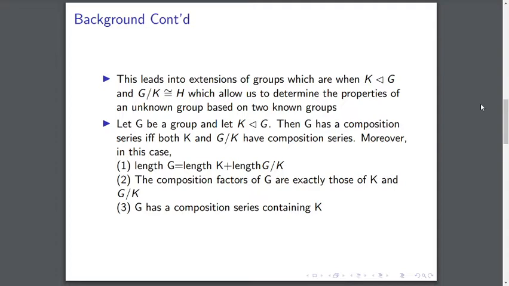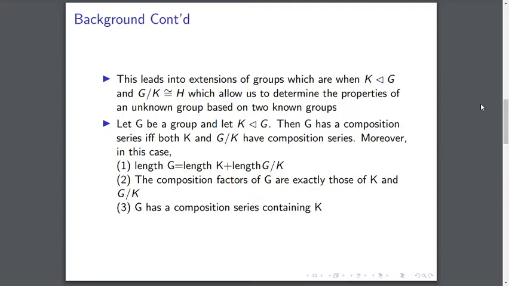These are when we have K normal in G, and G divided by K is congruent to H. Now, basically what this means is if we have a really big group, let's call it H, we know it's congruent to two smaller groups, such as G and K, which allows us to talk more about H, since instead of H being this big group that we know nothing about, we have G and K, which are probably simpler groups that we have defined properties for, and multiplying them together allows us to talk more about the properties of H, which is a good thing, which allows us to break up, once again, bigger groups into smaller groups. You'll be hearing that a lot.